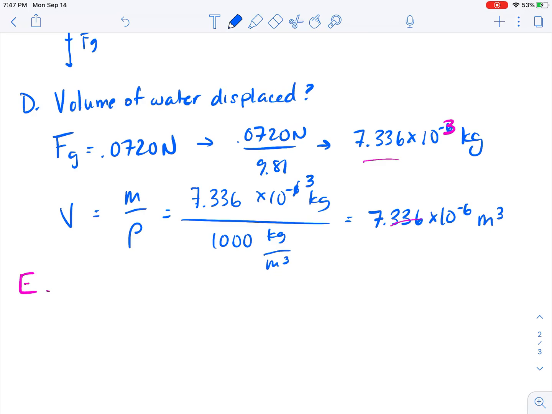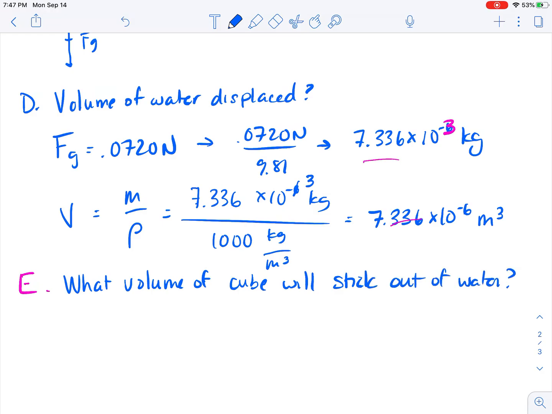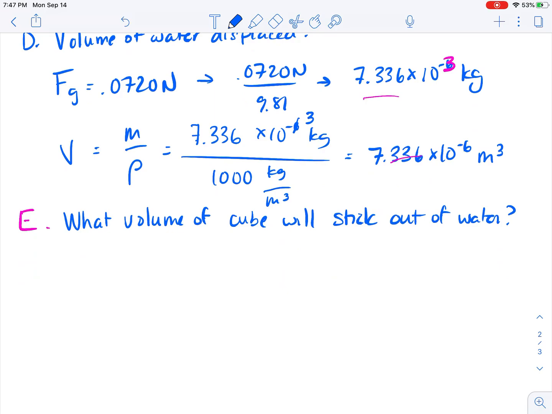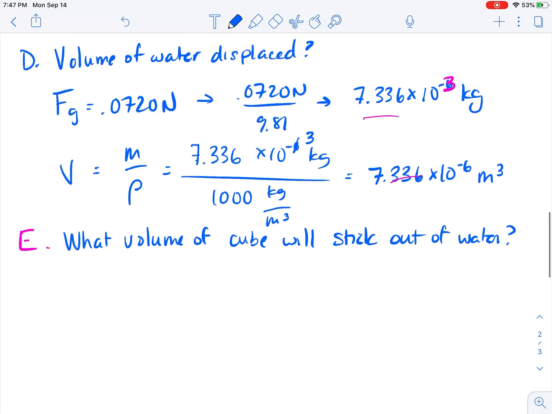Okay, so now we're going to try to figure out what volume of the ice cube will stick out of the water. So it's important to know, we've got the volume of the water displaced. This is the volume underwater.